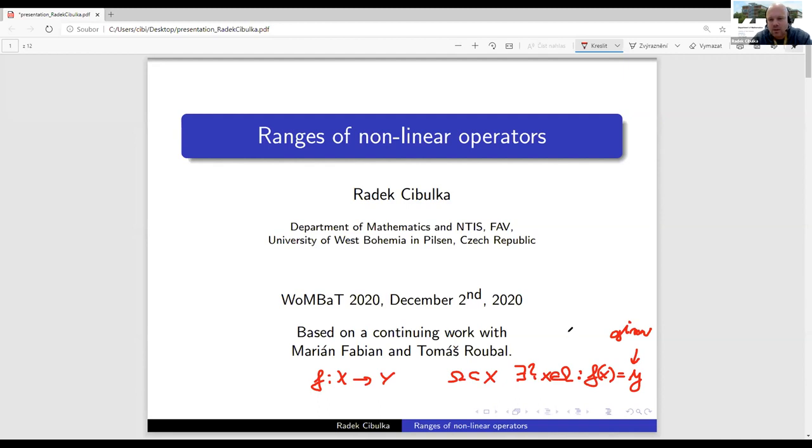So this is what I am speaking about, and one more comment that I will have also some subset gamma of Y, and my y's will be inside gamma. So the question is whether for each right-hand side from a given set, you can find a solution satisfying the constraints on x.